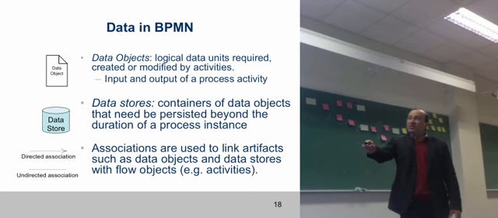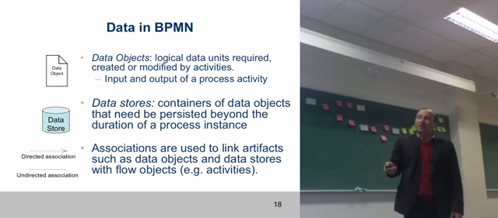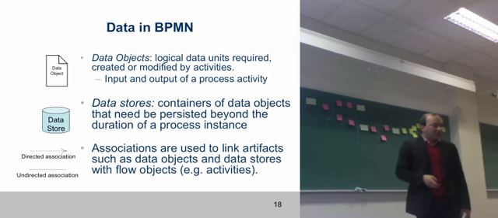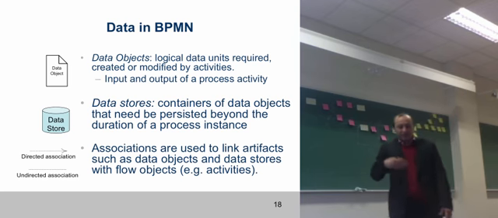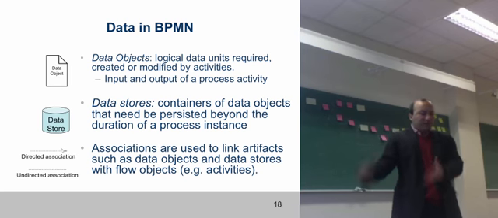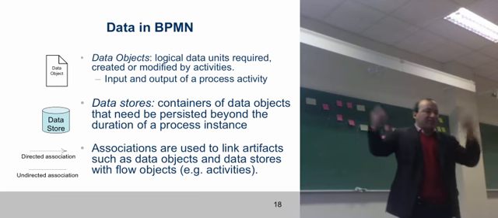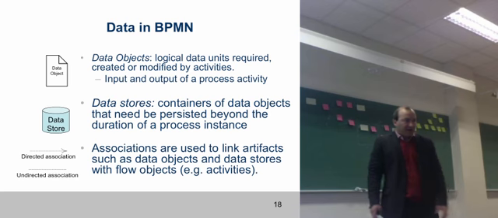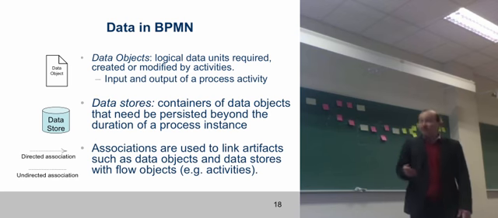And we will be using these little arrows, different from the arrows we saw for the flows. The flows are solid arrows, these ones are dotted arrows. We will be using arrows to connect data objects to tasks or to events or vice versa. And the second concept is the data store, which you can see as a database where you can store data that will be persistent past the lifetime of the process instance.